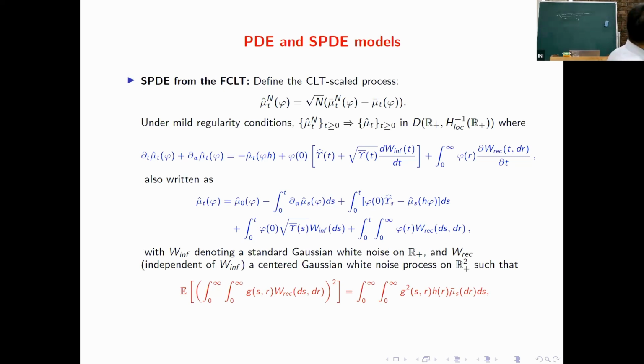There are two white noises. W_INF is for the infection process, the standard Gaussian white noise. W_REC is for recovery, a centered Gaussian white noise with this covariance structure.